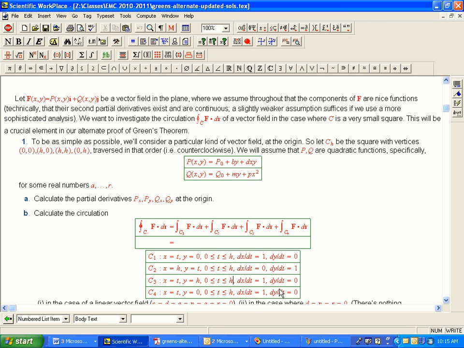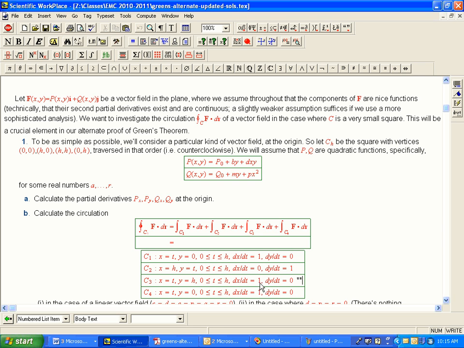And I'm going to put a little double star here to indicate we're going to go backwards on the limits of that integral. And dx/dt is 1, dy/dt equals 0 still. Okay, now the last one, coming down the axis, that's x equals 0, y equals t. Again, we're going to go backwards. We'll put a little note here. Now dx/dt is 0, dy/dt is 1.